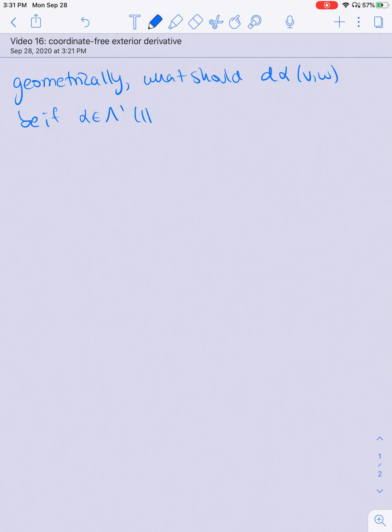So to motivate this section, I'm first going to start talking about, geometrically, what should d alpha of V, W be, if alpha is a one form on some R^n, and actually let's just do R^2, and V and W are constant vector fields on R^2.